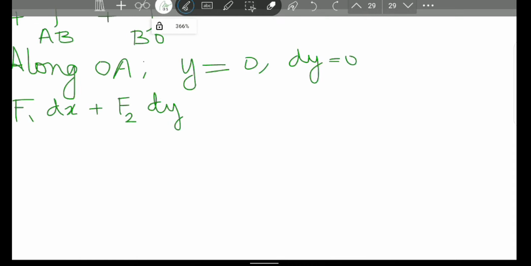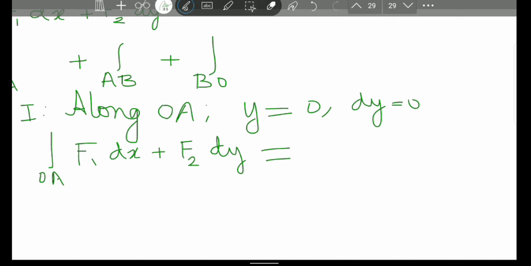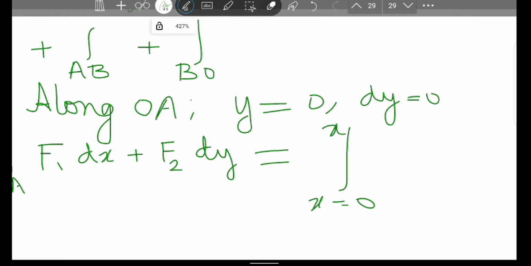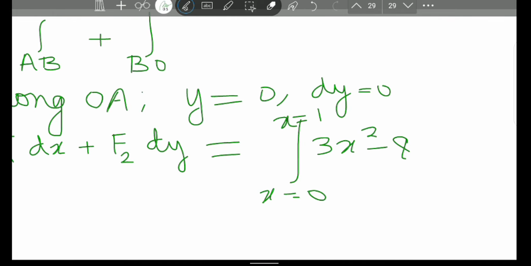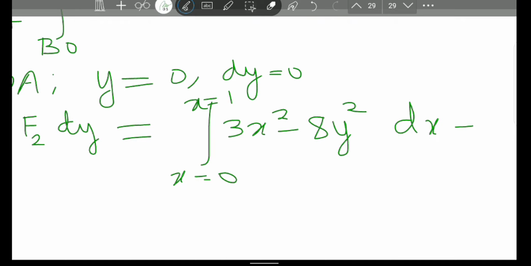Since dy equal to 0, we need not calculate dy, we just need to calculate f1 dx, and x is changing from x equal to 0 to x equal to 1. f1 is 3x squared minus 8y squared, plus 0 because dy is 0.